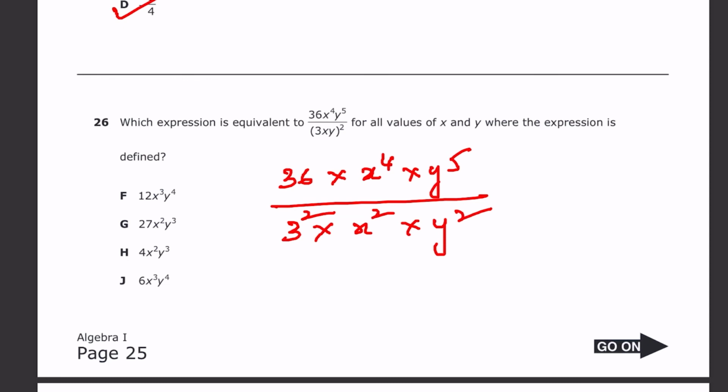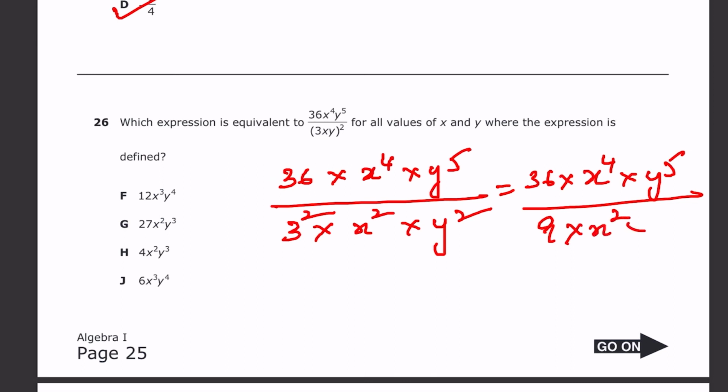So now this becomes 36 x to the power of 4 y to the power of 5 divided by 9 x squared y squared. Now 9 fours are 36, so you're getting 4. 4 is the coefficient, so it can be option H, but is it right or not, we'll see.